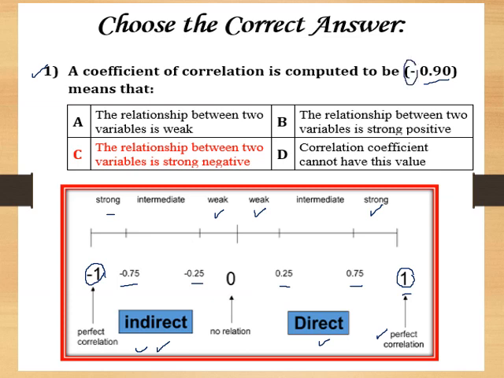Negative means an indirect correlation between two variables, and 0.19 is weak. So the correct answer is that the relation between two variables is weak and indirect. So C is the correct answer.